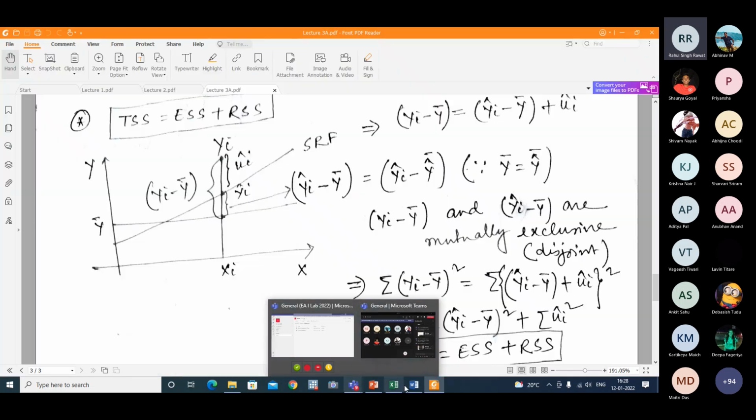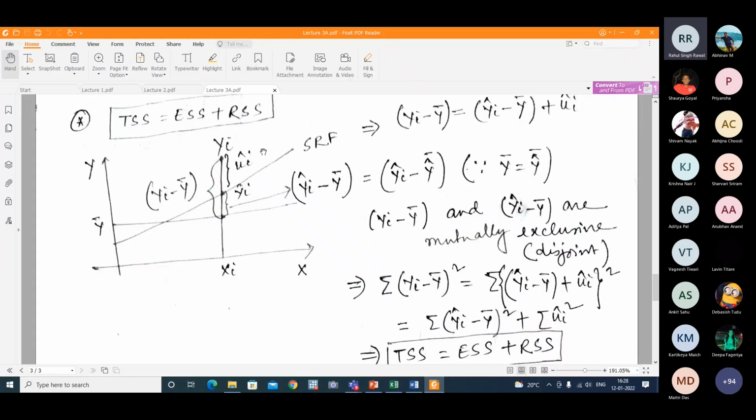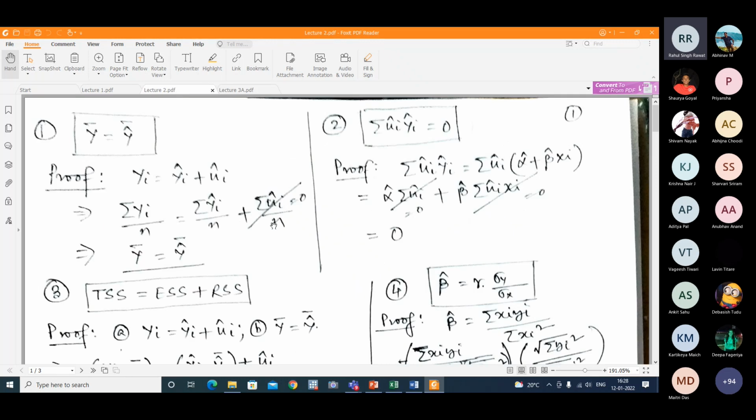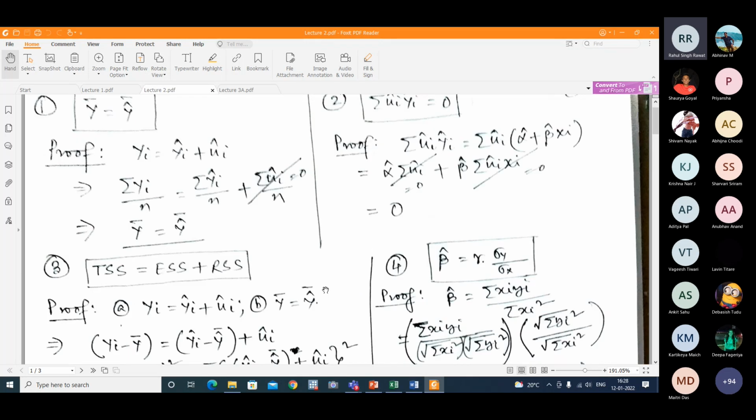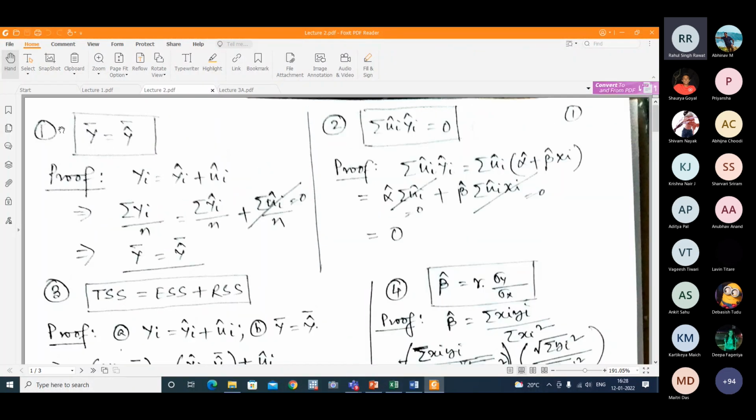So now what I'll do, I'll just go for some other components. What we discussed there, to some extent they are written here. So this already we have discussed: Y bar is equal to y hat bar.